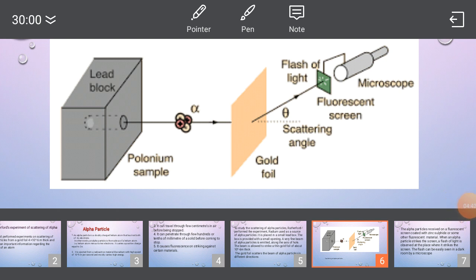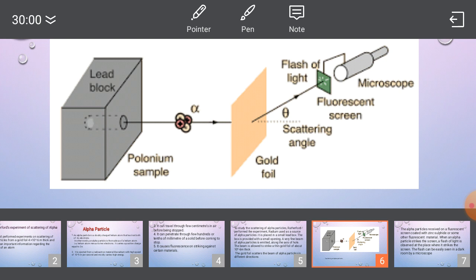In this diagram, the box is provided with a small opening. From this opening, a very fine beam of alpha particles is emitted along the axis of the hole. This beam is allowed to strike a thin gold foil having thickness 10^-6 meter.